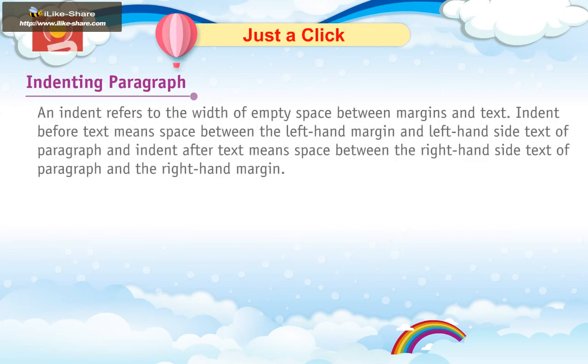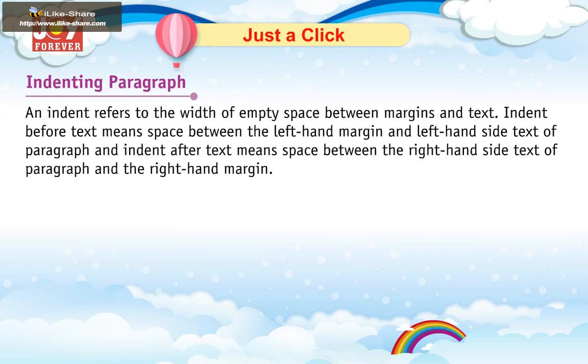Indenting paragraph. An indent refers to the width of the empty space between margins and text. Indent before text means space between the left-hand margin and left-hand side text of the paragraph.